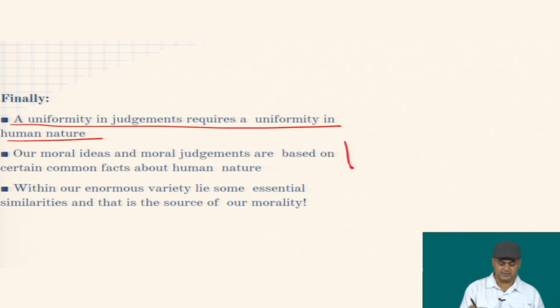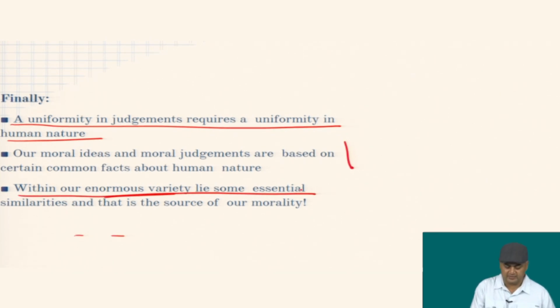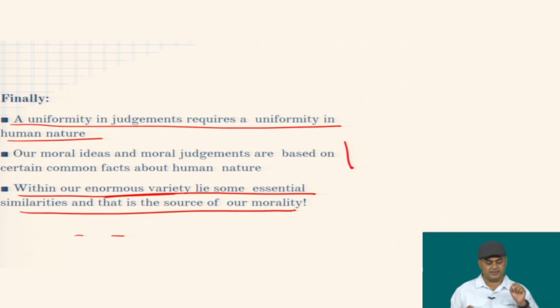Our moral ideas and moral judgments are based on certain common facts about human nature. Within our enormous variety lies some essential similarities, and that is the source of our morality. So, the critique that was raised in the earlier page is now being answered: a uniformity in judgment requires a uniformity in human nature.